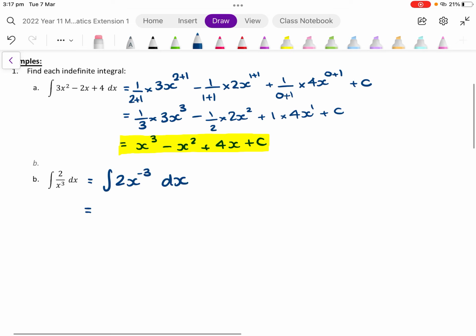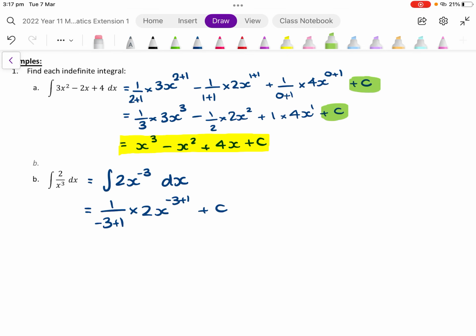So this is equal to 1 over negative 3 plus 1, because that's what our n is, times 2x to the power of negative 3 plus 1. And we have to have our plus c on the end. Like I said before, our plus c is the most important thing to not forget. So we'll have this equals 1 over negative 2 times 2x to the power of negative 2, plus c.